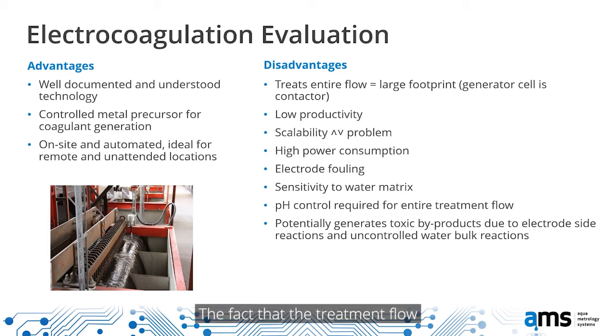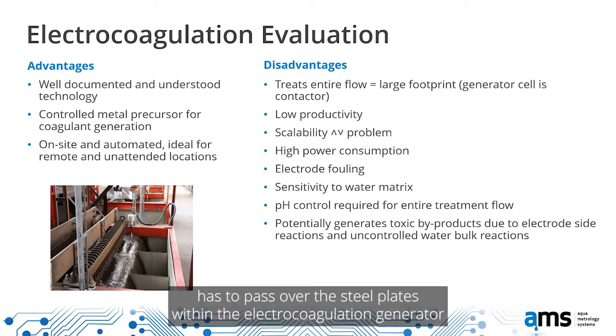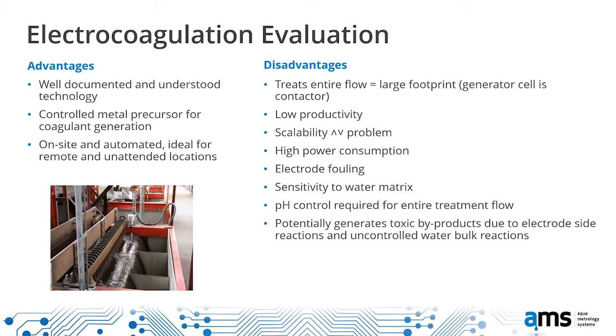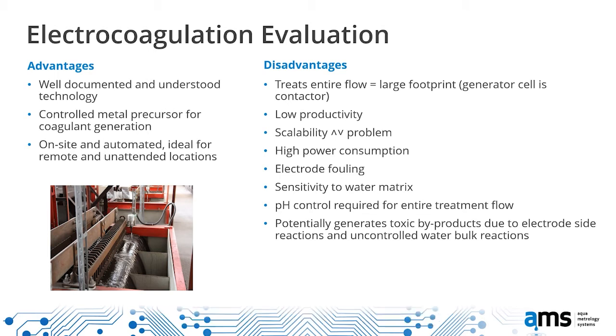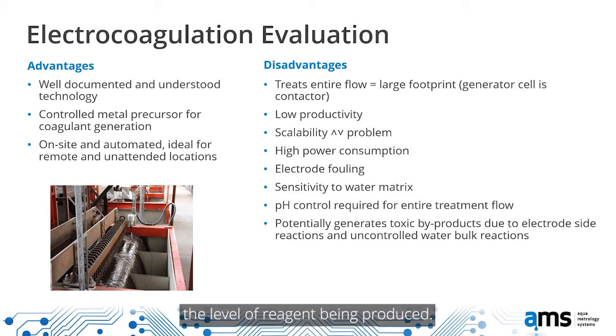The fact that the treatment flow has to pass over the steel plates within the electrocoagulation generator means those plates are susceptible to fouling, and as a result, it is difficult to control the level of reagent being produced.